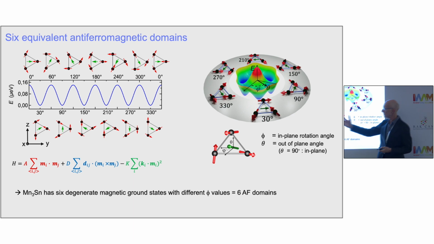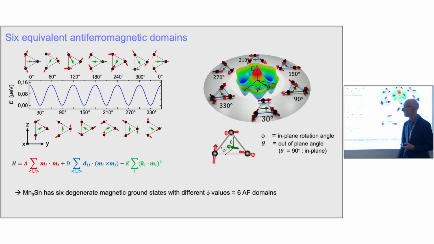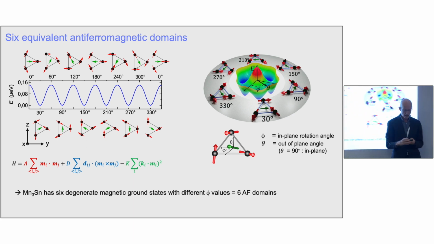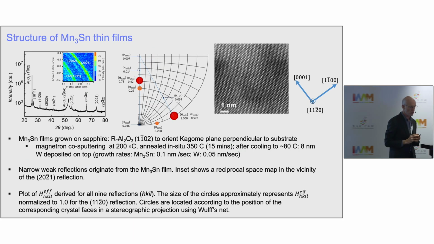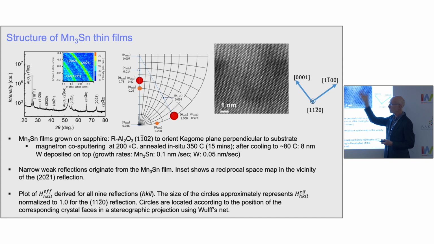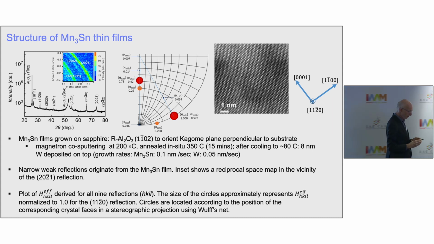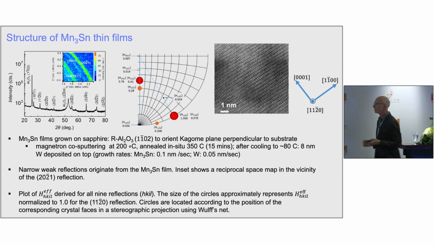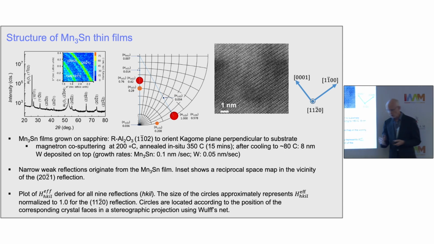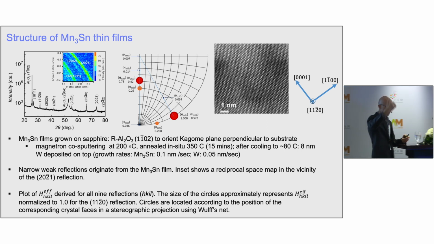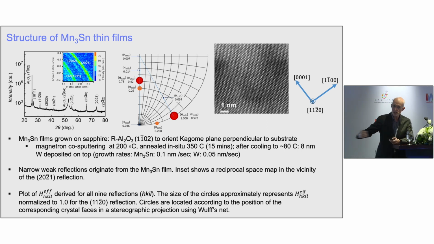You have to remember that we have these 6 equivalent states, and I want to show you what happens. First, just to mention, the quality of the films we grow by sputtering is very good, but we have to grow these films with the Kagome plane perpendicular to the layer, so that when we pass current, we can detect a Hall signal.